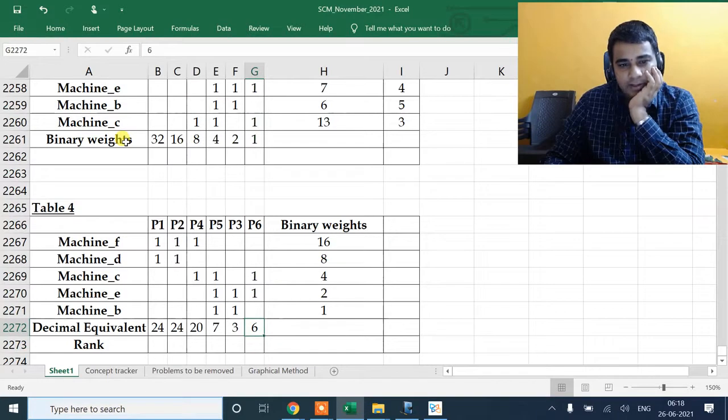Again, we have not reached the proper sequence. We'll have to continue till we reach proper sequence. We're almost there, but yet to reach it.